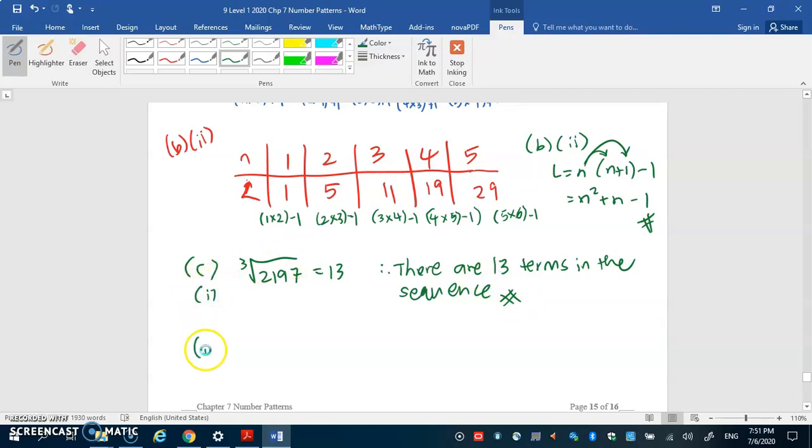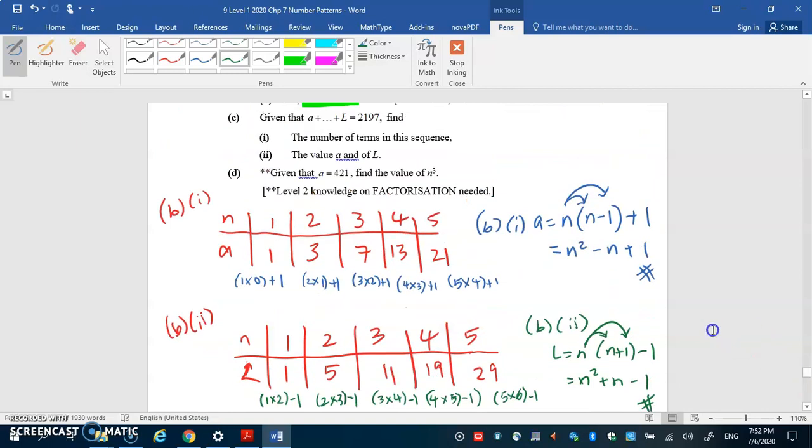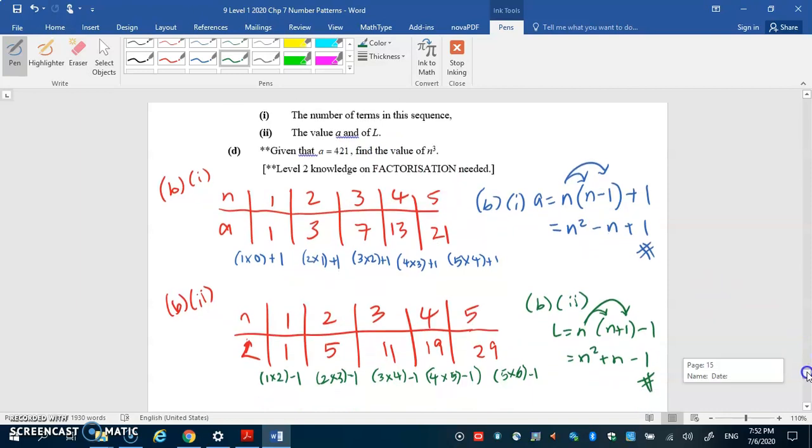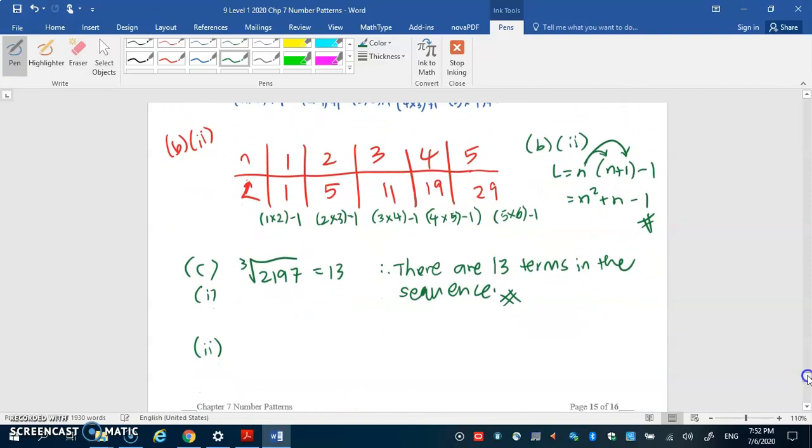C part 2, they're asking for hence. No hence. Find the value of A and of L. So we already have the formula, right, for A and L. We're just going to use those two. A equals n times n minus 1, the whole thing plus 1.